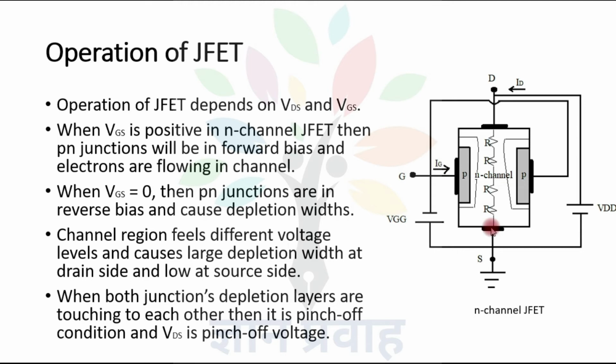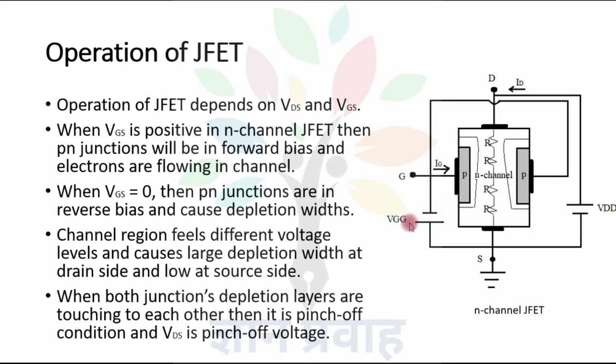So the depletion region width depends on the applied VGS voltage and the applied power supply voltage. Due to application of power supply voltage, the width of the depletion region across the PN junction is large close to the drain terminal and less close to the source terminal, because here the source is connected to ground and VDS is less because of the resistive path created in the channel region.